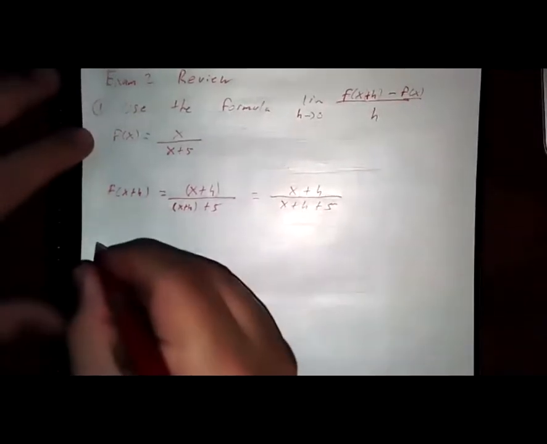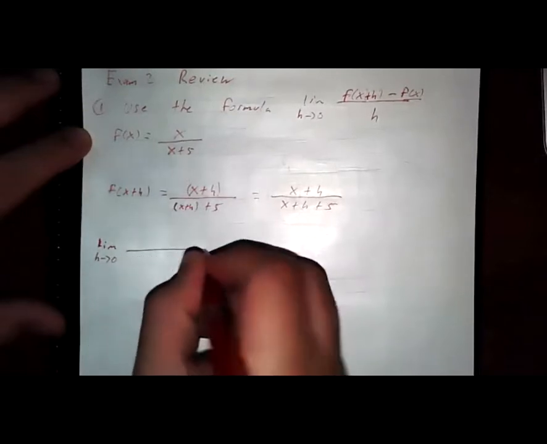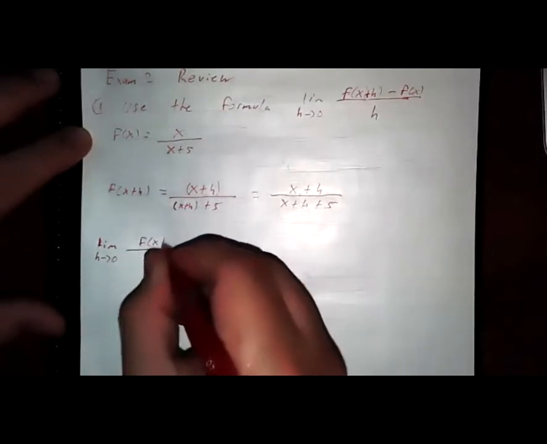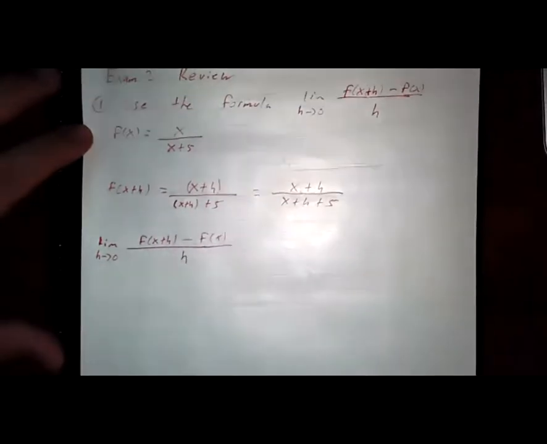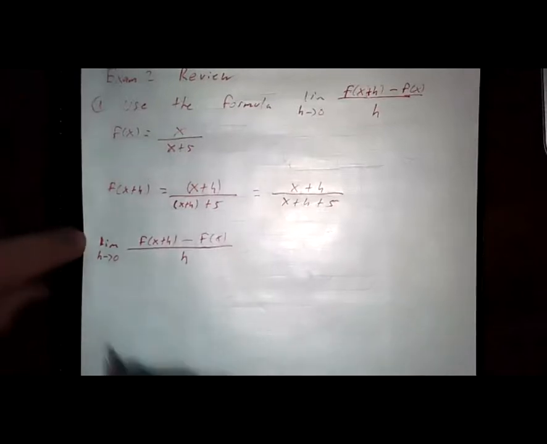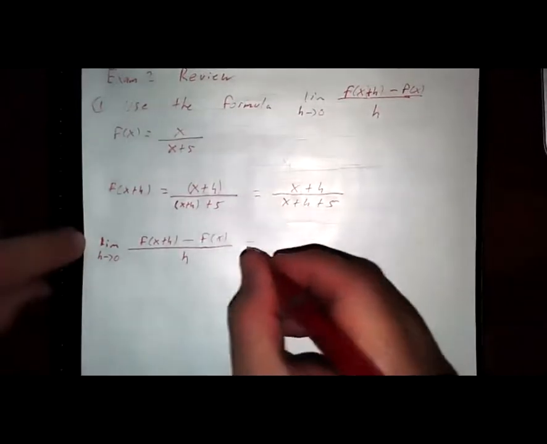The formula wants us to put this guy first, and then subtract the original, divide by h. So just setting this up here will give you the majority of the points, right? Because this is going to be what?